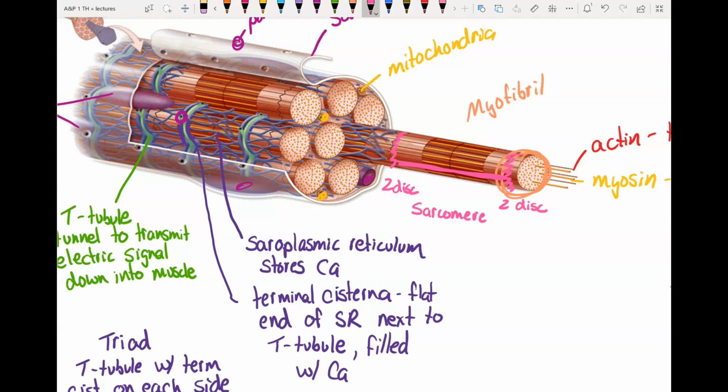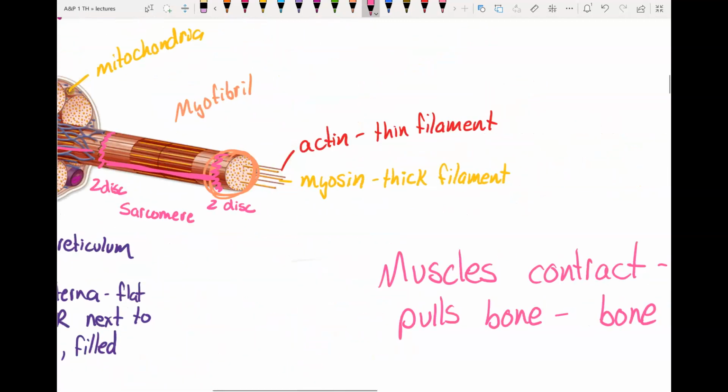So then you would have another sarcomere here and another sarcomere. Like you can see, here's a Z-disc, here's a Z-disc, that area is a sarcomere. Then there would be another one here, and so on, all along the length of that tube. The way a muscle gets shorter is each sarcomere gets shorter.